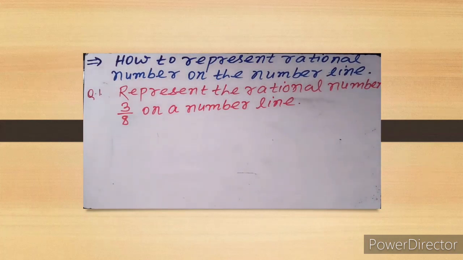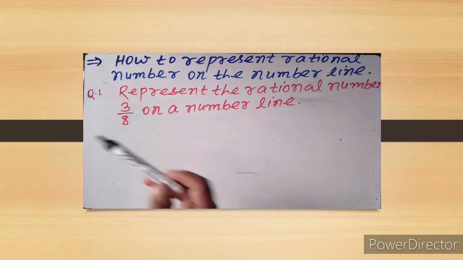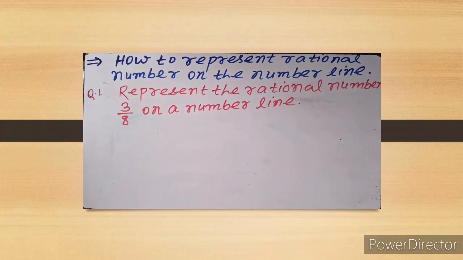So, students, we will understand how to represent 3 by 8, a rational number, on the number line.